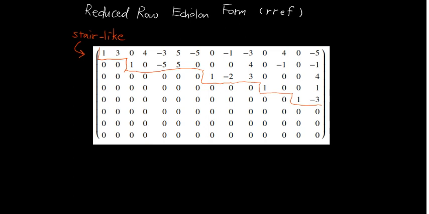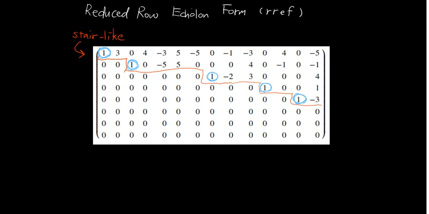And secondly, for each row, if it is stair-like, then you can see all the corners here. It is the leftmost element in each row. And if it corresponds to a linear system, then these are called the leading variables, right? Remember, we have lots of variables, and this is the first one.